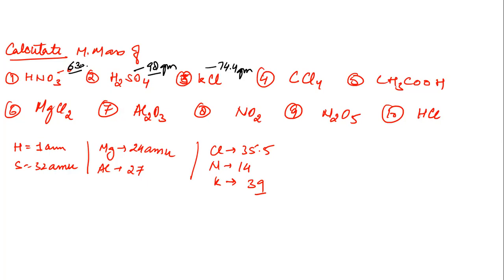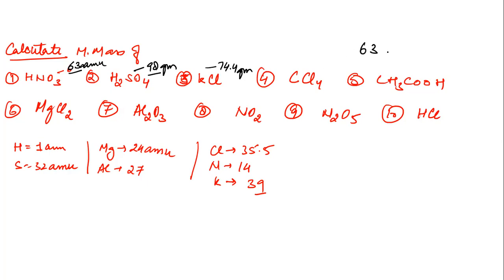What you will write, 63 gram or 63 AMU? No, it's AMU. Gram means if you are weighing it. Okay, so all these will be 63 AMU.